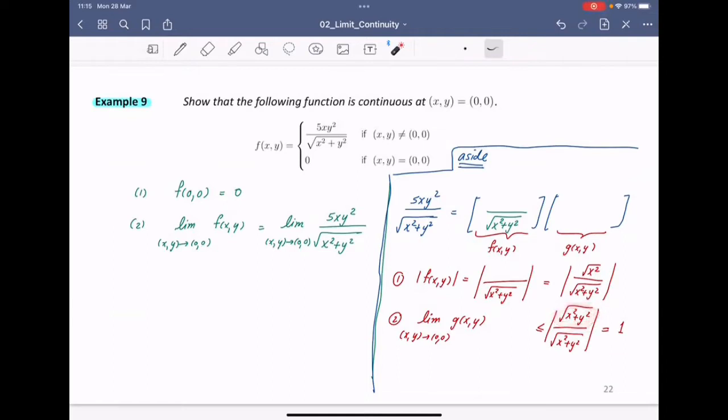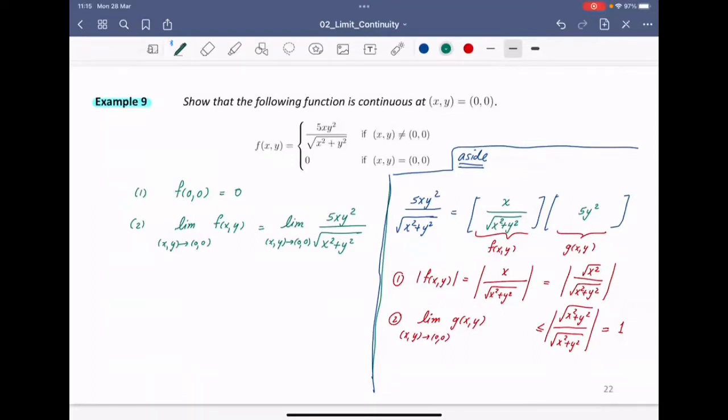On the top, maybe I'm going to do the square root of x squared. This is a trick: the square root of x squared plus y squared is always bigger than or equal to just the square root of x squared, because this time you add y squared, and once you add y squared, this term must be bigger than that term. This is why we say less than or equal to here. When you have the square root of x squared over there, it comes back to the absolute value of x. Fine, I'm going to keep x here. Everything else, 5y squared, you go to g. Does it make sense? This is a trick that everyone has seen a few times already, so you should absorb it and try to do it by yourself later.